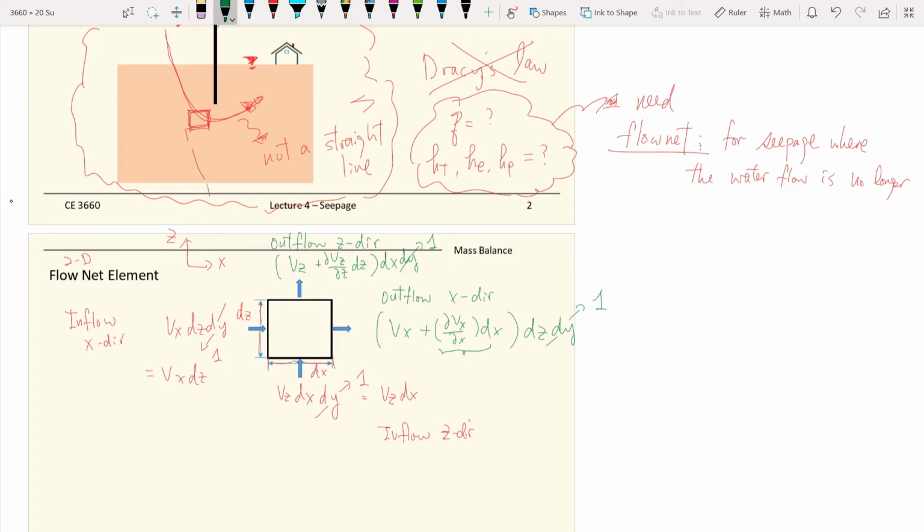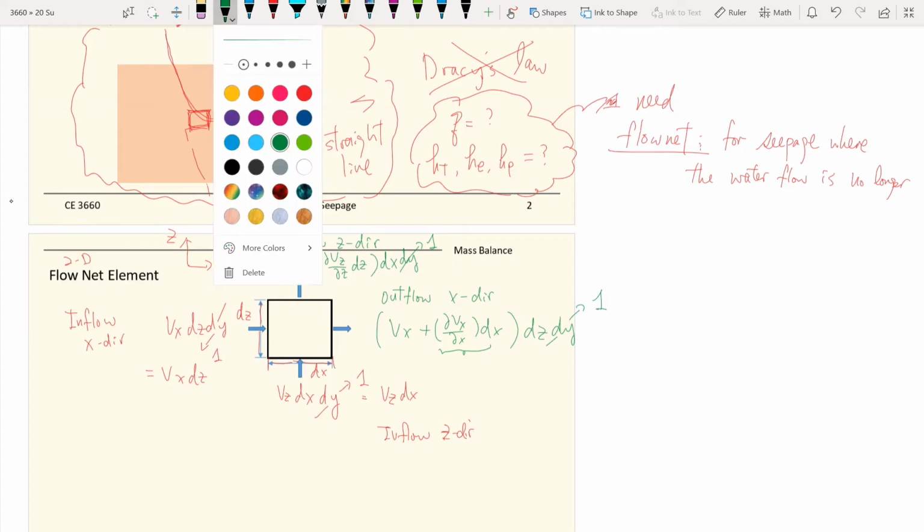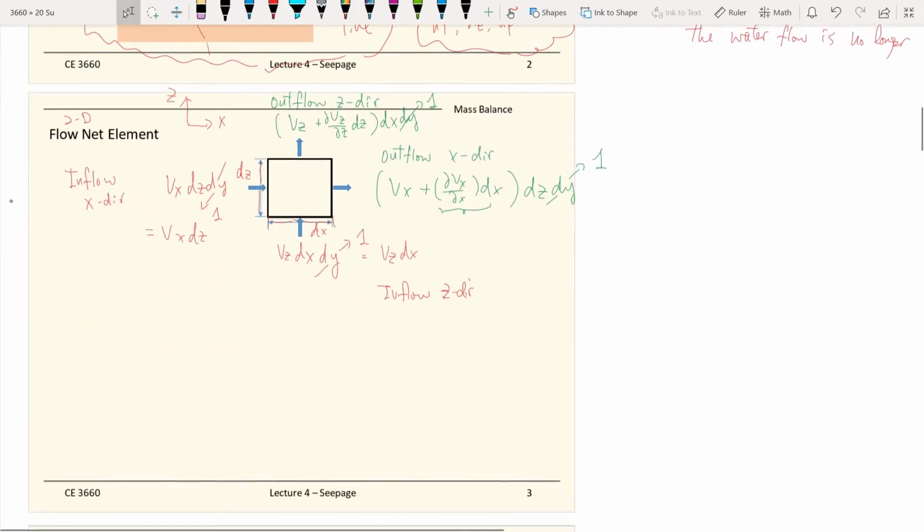So from these soil elements, we establish a kind of mass balance, inflow and outflow. Under equilibrium conditions, the total weight of inflow will be equal to the total weight of outflow.